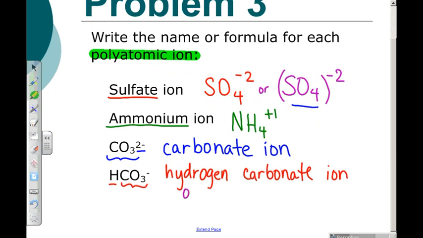Sometimes in olden days they used different names that didn't follow all of our rules. The old-fashioned name for this ion was bicarbonate. You'll still see this name sometimes. For example, baking soda is often called sodium bicarbonate, even though we would perhaps more correctly call it sodium hydrogen carbonate. Oops, and I forgot my word ion here. Because it's by itself, it is an ion.